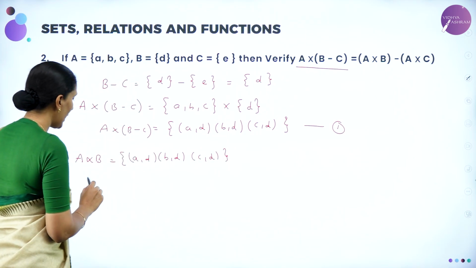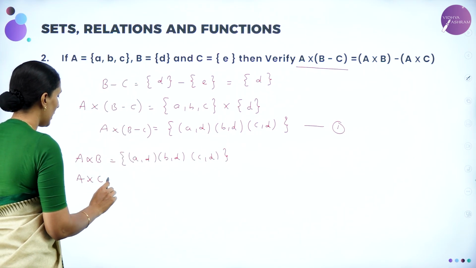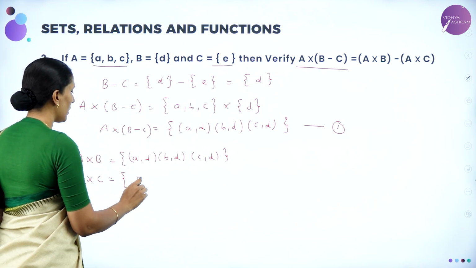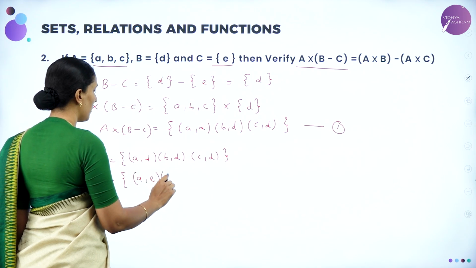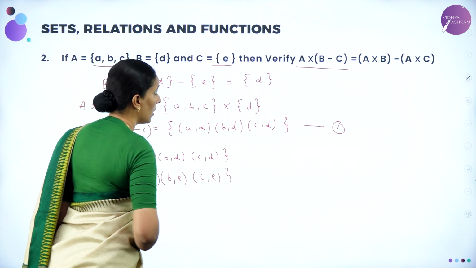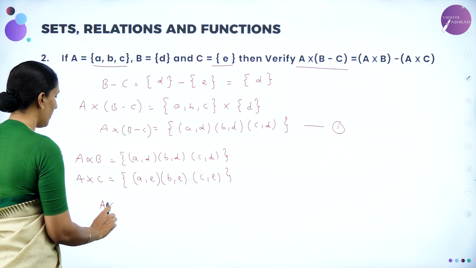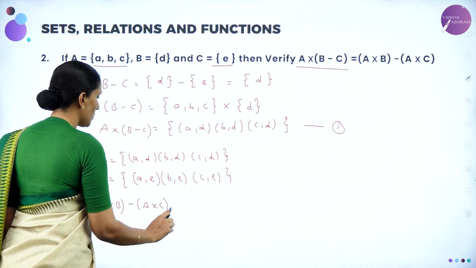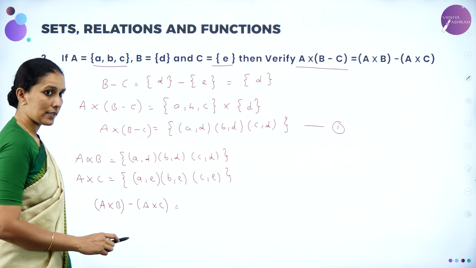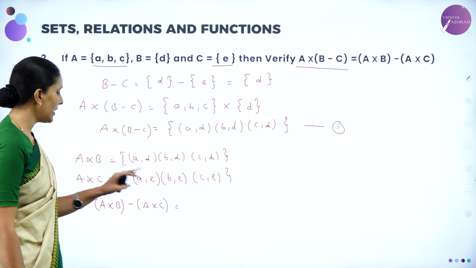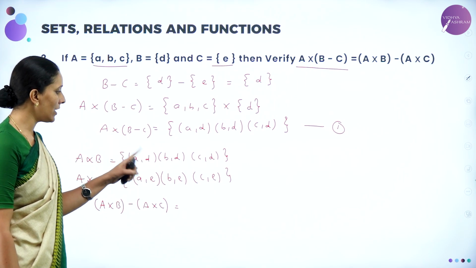Now let's go for A cross C. A cross C means I am pairing A with C. So we have (a, e), (b, e), (c, e). Now let's check (A cross B) minus (A cross C). So (A cross B) minus (A cross C) means elements only in A cross B, not in A cross C. What are the elements only in A cross B?